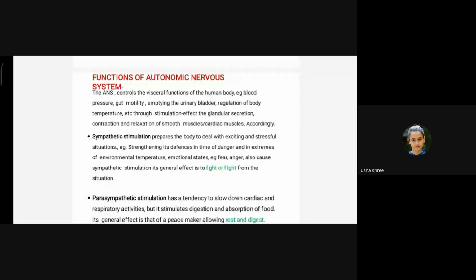Through stimulation effect and glandular secretion. And how does this work? Stimulation effect happens through neurotransmitters or electrical impulses, and glandular secretion is done through endocrine glands, and endocrine glands govern our body chemically.